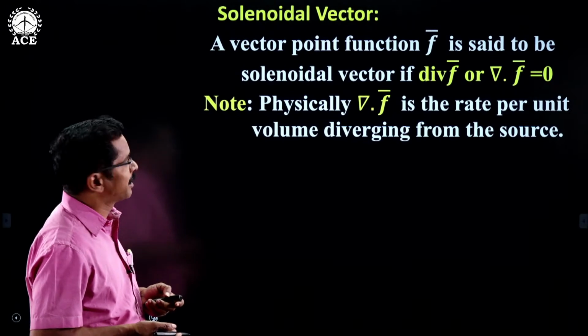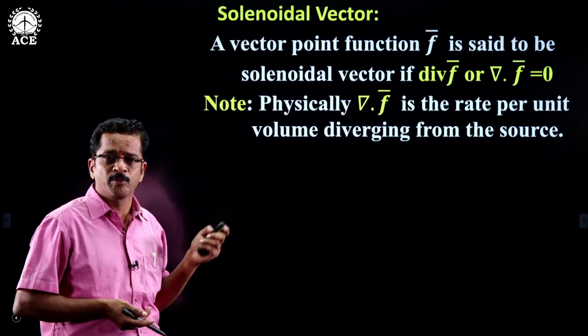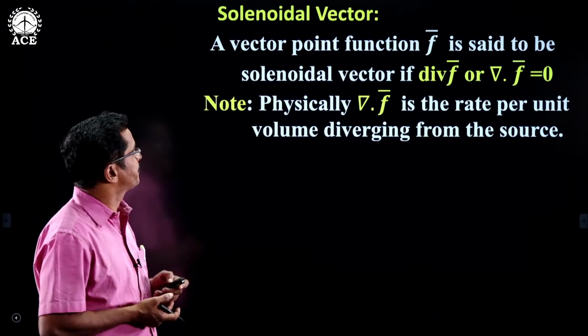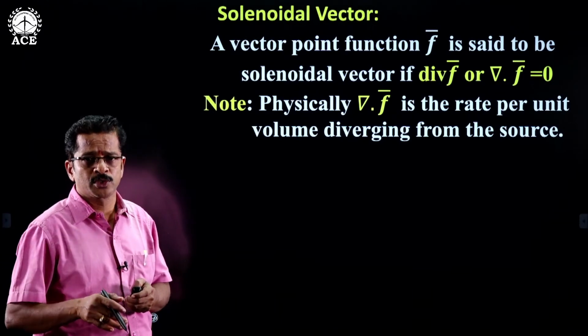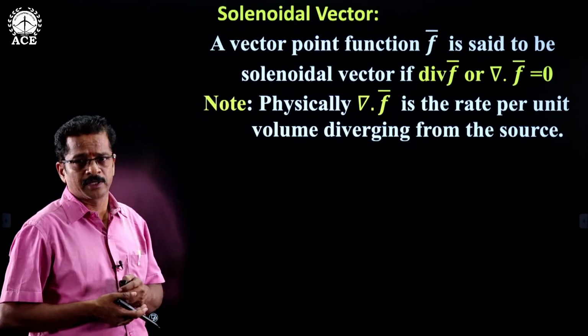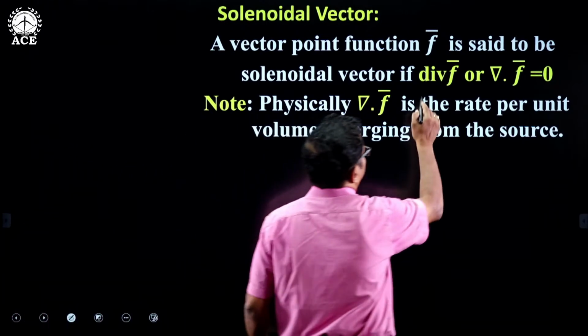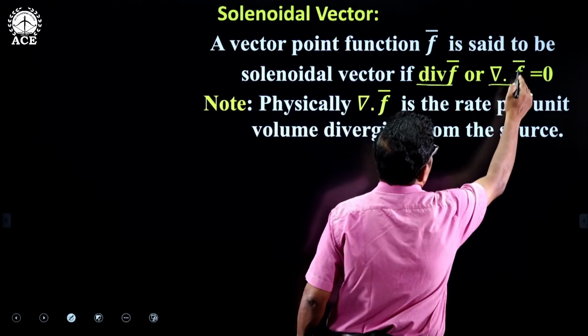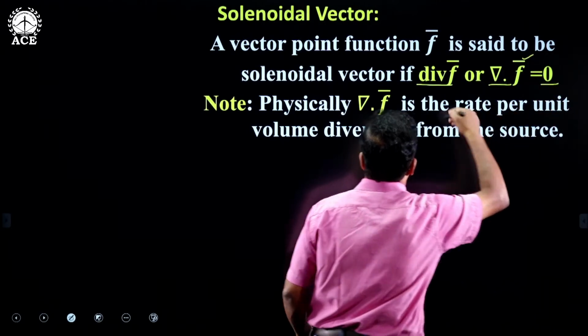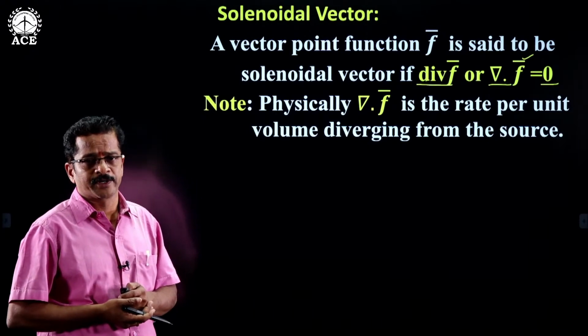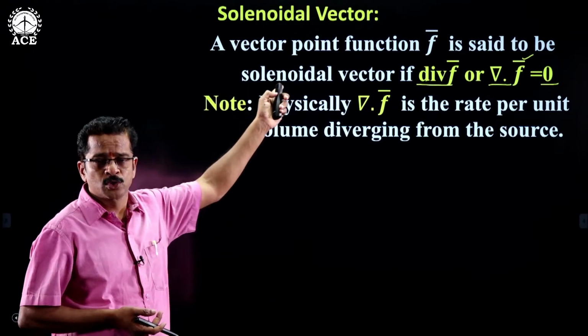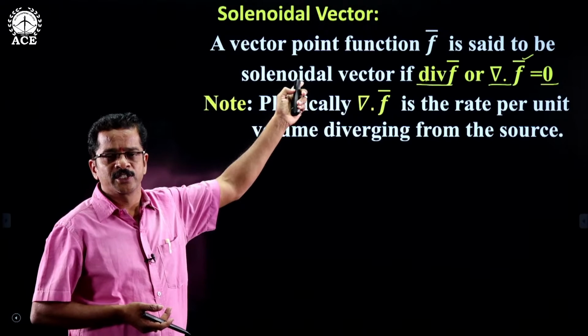Now, solenoidal vector is another definition which is very important. When the divergence of a vector is 0, then F bar is said to be a solenoidal vector. Divergence is nothing but del dot of the vector; if it is 0, then F bar is said to be a solenoidal vector. They may ask this definition for 2 marks: define solenoidal vector.